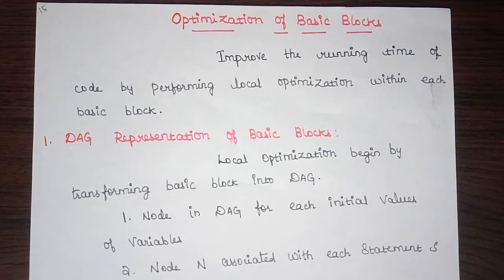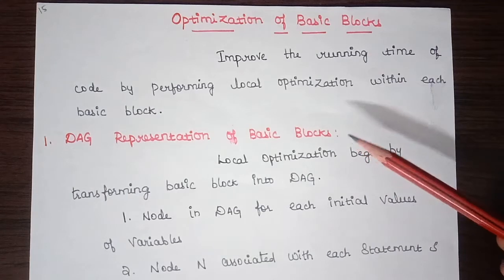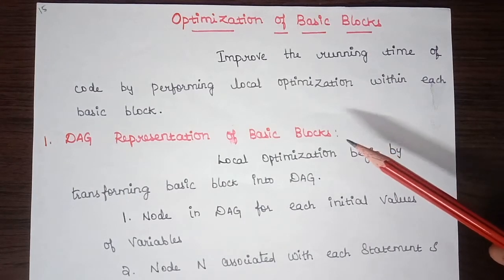Here we'll be seeing what optimization is and how we are going to optimize the basic blocks. Specifically, we are going to see local optimization, that is, the optimization happening within the basic blocks. For that, the first step is the DAG representation of a basic block.